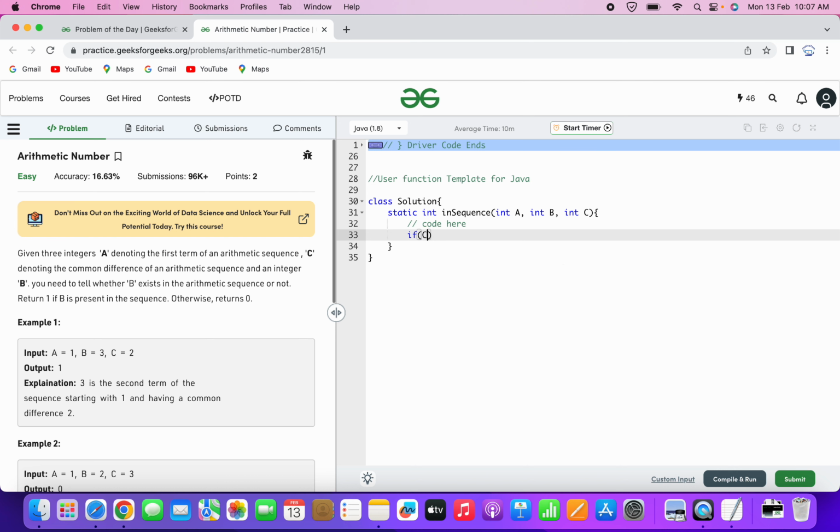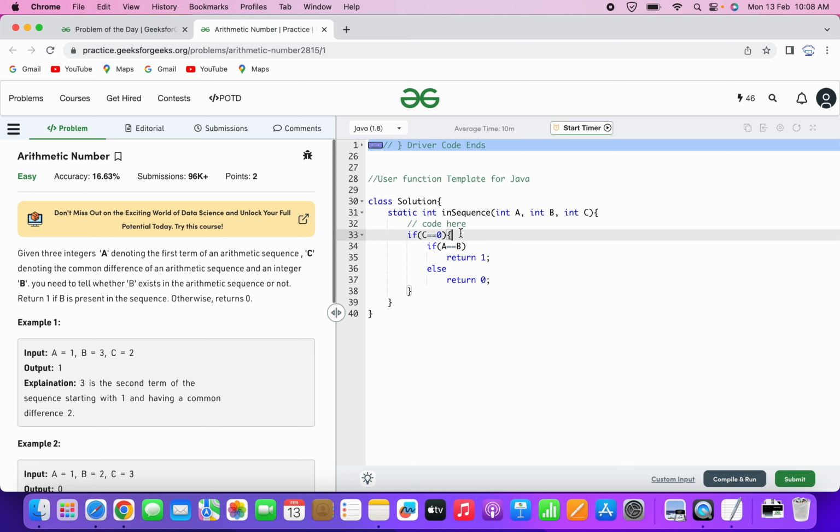So if C is directly equal to 0, then we can check if A is equal to B or not. If A is equal to B, then return 1, else return 0. So we have covered this first scenario.